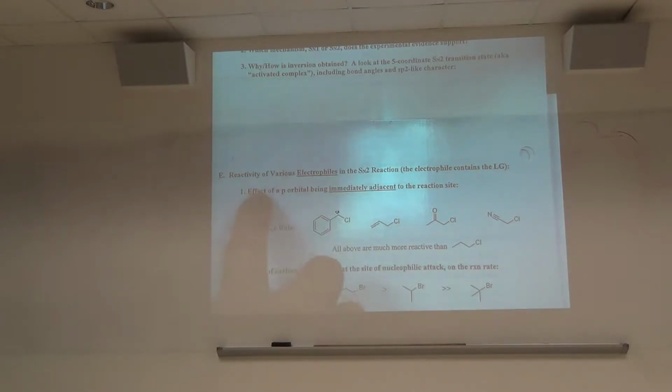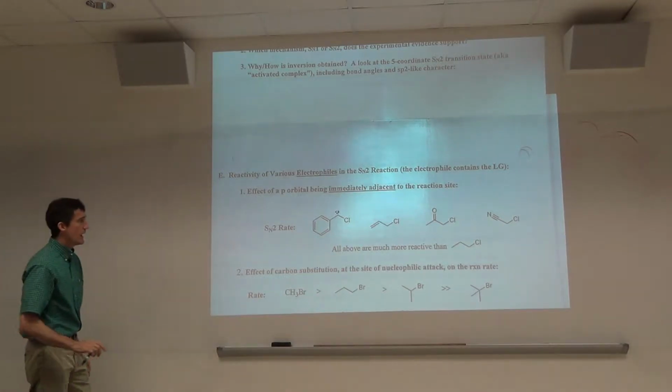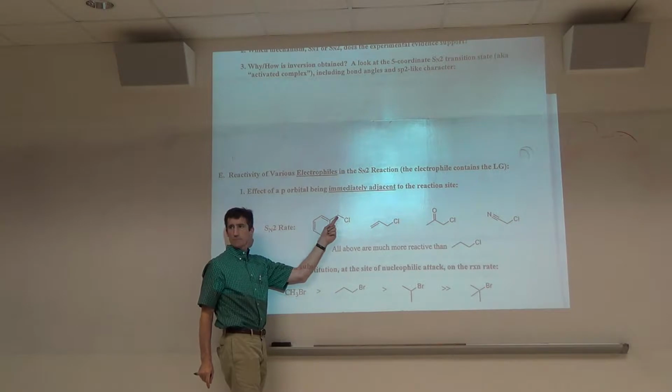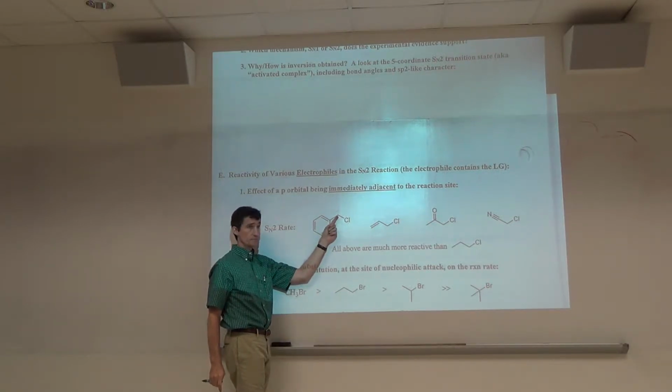Okay, let's look at how the reactivity of these things can change. First thing is the effect of a p orbital being immediately adjacent to the reaction site. This is the reaction site. If we're going to kick off that chlorine and put something else on that carbon, carbon's your reaction site. Is there a p orbital immediately adjacent to that carbon?